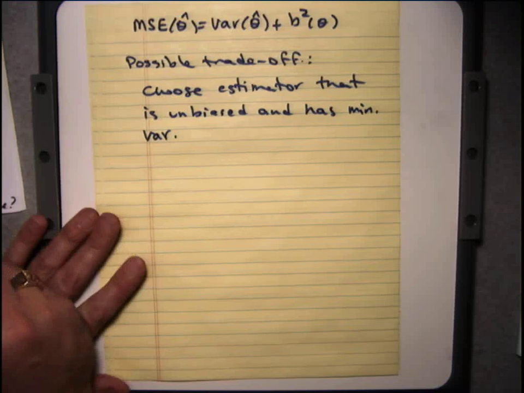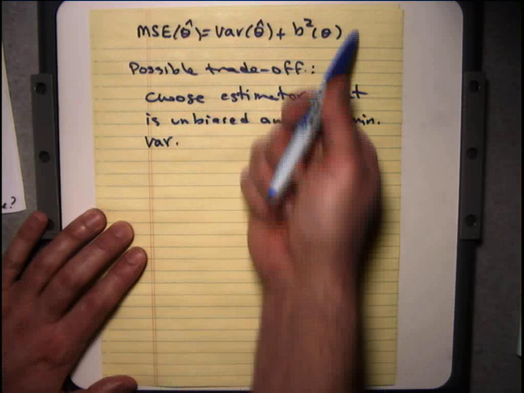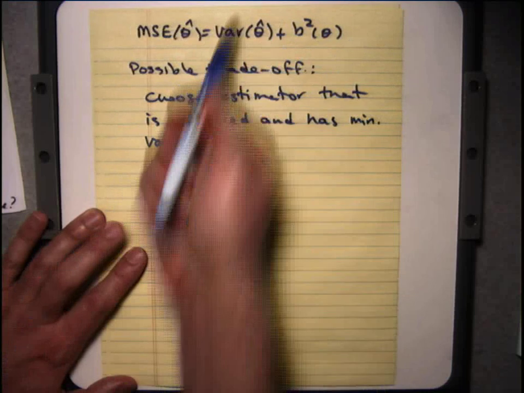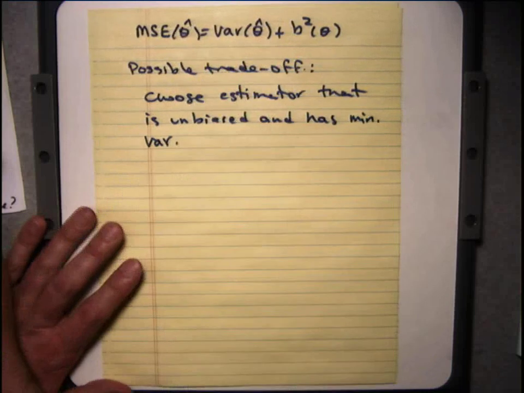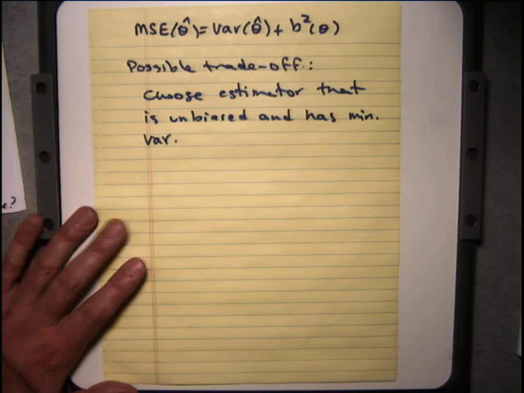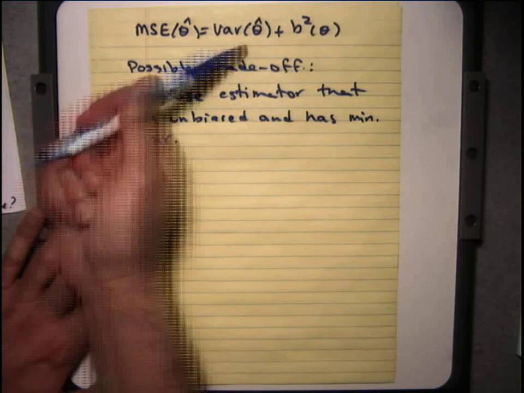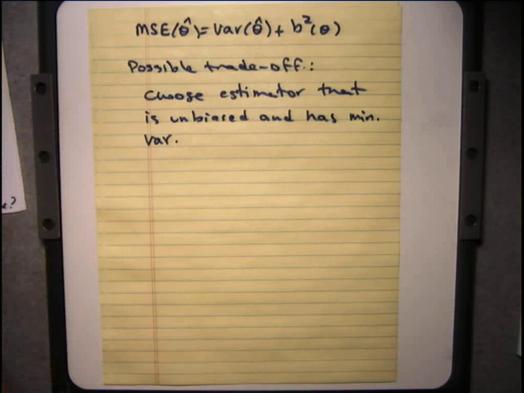So I can ask the question, is it possible for me to come up with an estimator that has no bias and its variance is as small as possible? Is that the same thing as minimizing the mean squared error? It is not. I don't want you to confuse the two things, because it is possible for me to give up on the variance, let the variance go up, and actually get a better estimate.